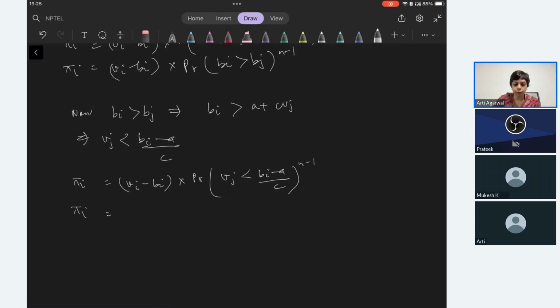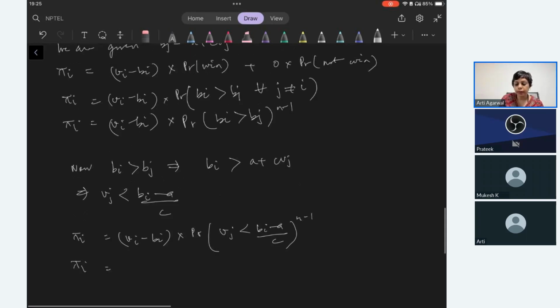It's a condition which we are defining for a particular thing to happen, for player i to win. So this condition needs to be satisfied for all players j, and it is the same for all the rest of the players. That is why it becomes the probability of all of these conditions getting satisfied at the same time. Hence, probability Bi greater than Bj to the power n minus 1.